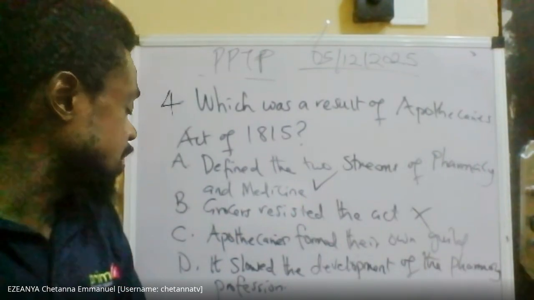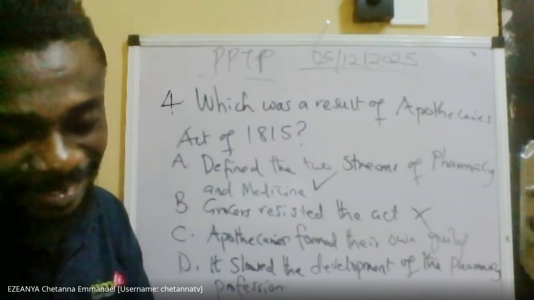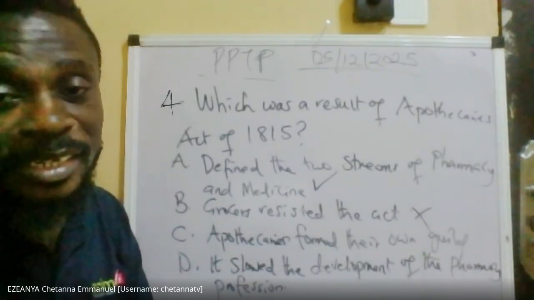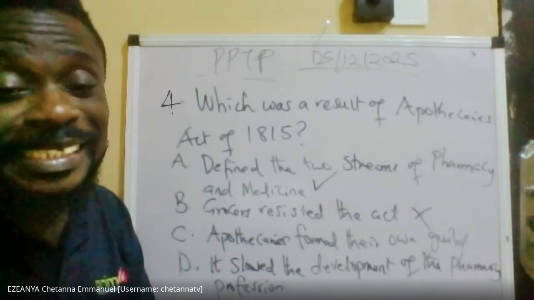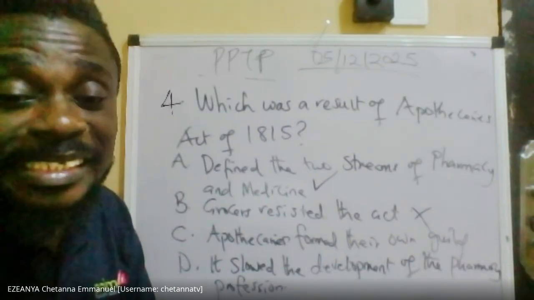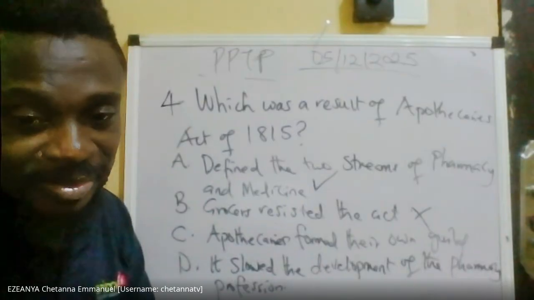Now, option B says apothecaries form their own guild. The act is not about forming a guild. Even though yes, you may see it that way, it's not what the act is there for.